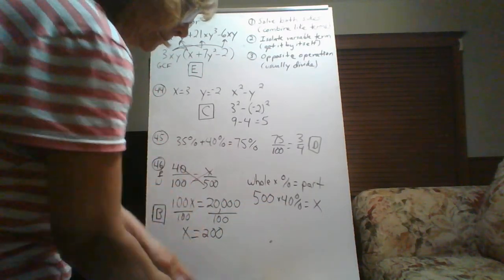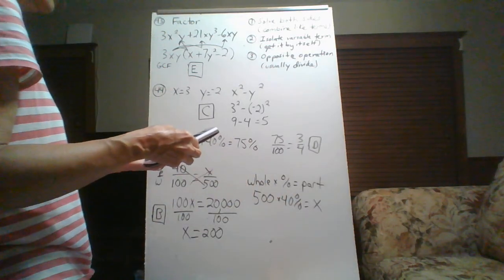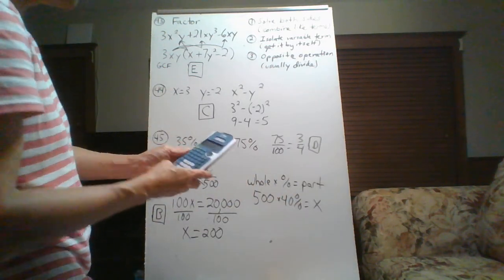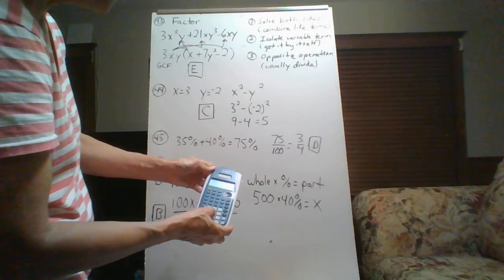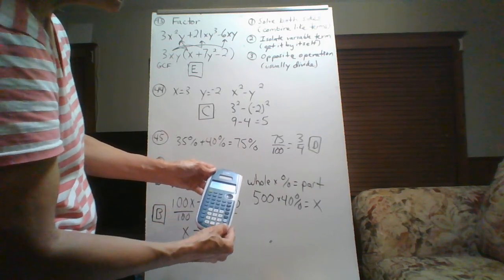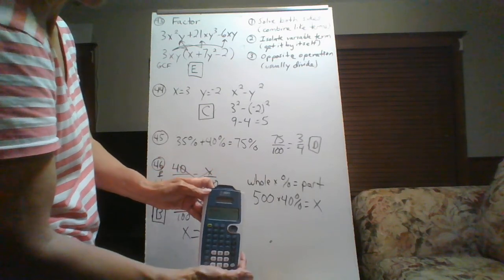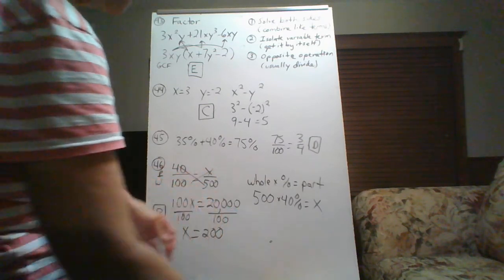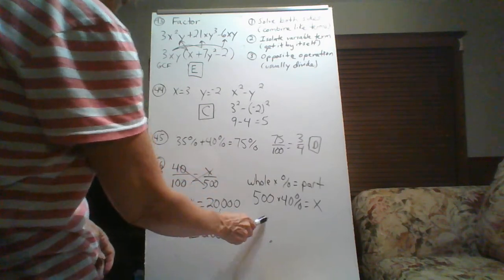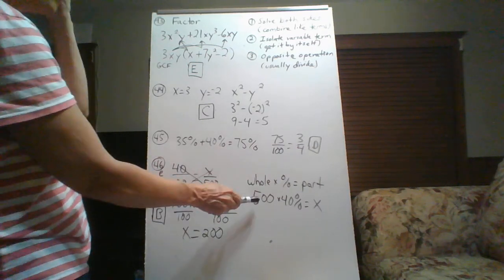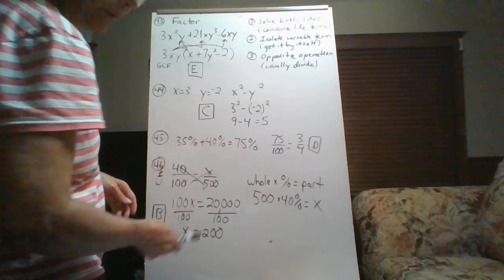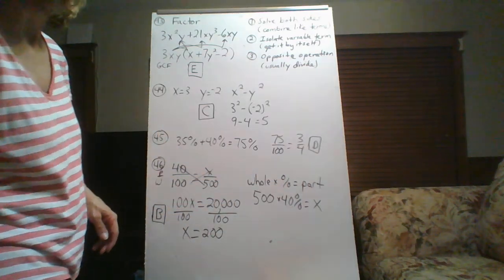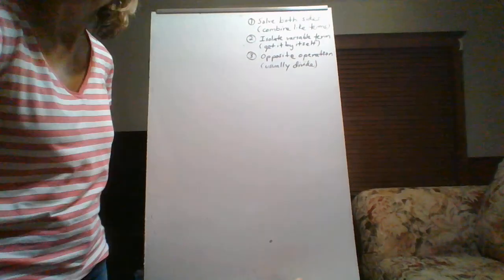So again, I can use my calculator. I'm going to do 40, and then I'm getting to my percent. 40% of 500 is 200. Okay? So either way, I can get there. If I want to set it up as a proportion, or if I want to use this formula, the whole times the percent equals the part, that will always solve a percent problem.